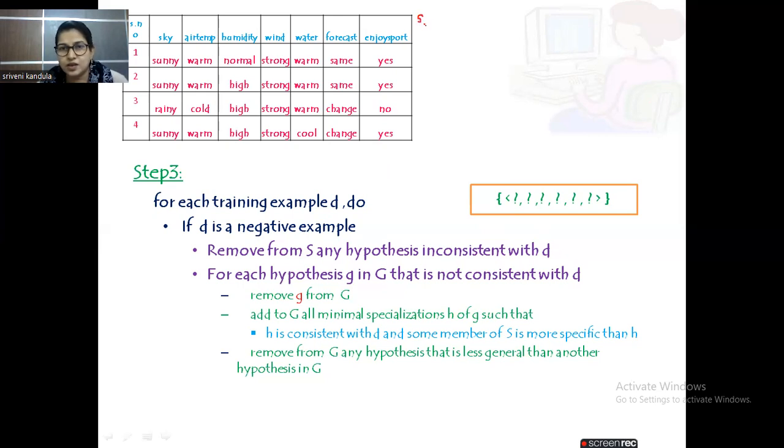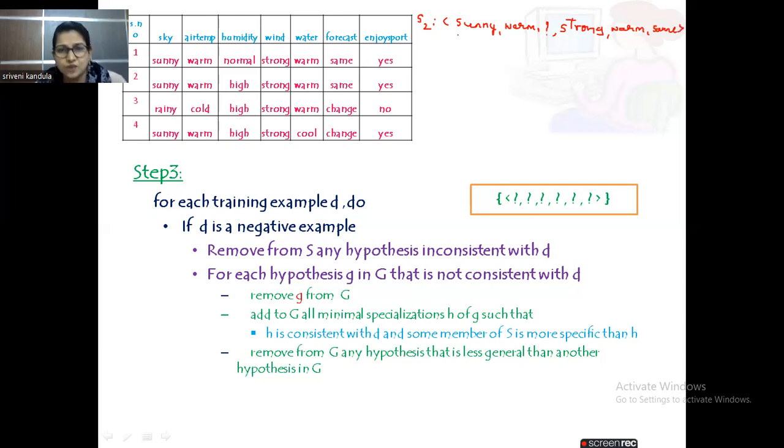The specific hypothesis that we obtained is sunny, warm, question mark, strong, warm, and same, right? So this we already worked out in the last step. Strong, warm, and same. So this is our specific hypothesis.